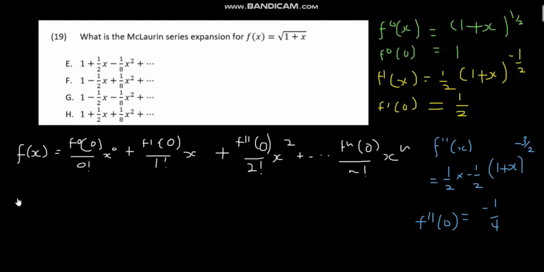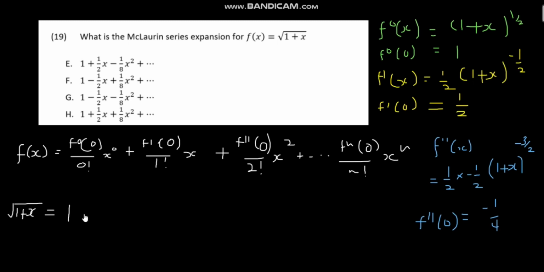Now that you have this, let's substitute them into the general formula. I'm going to write f of x as the square root of 1 plus x; you can choose to write f of x instead of the function itself, it's all the same. Then the zero derivative of the function over 0 factorial: the zero derivative was 1, so 1 divided by 0 factorial times x to the power 0 will still be 1.